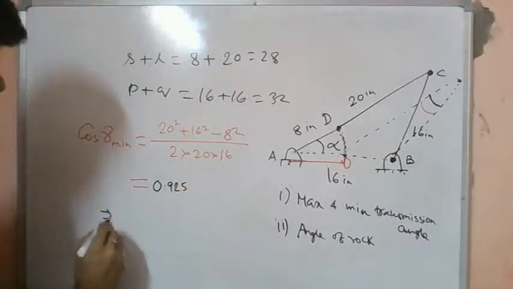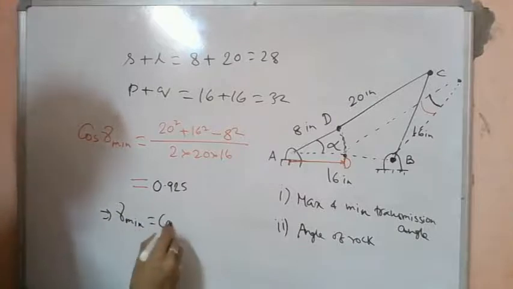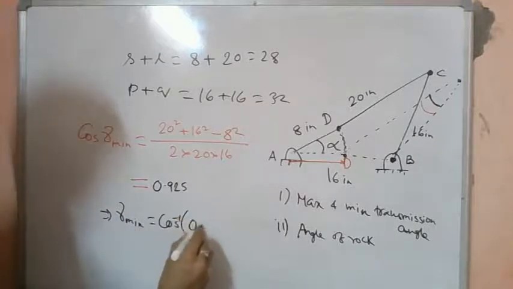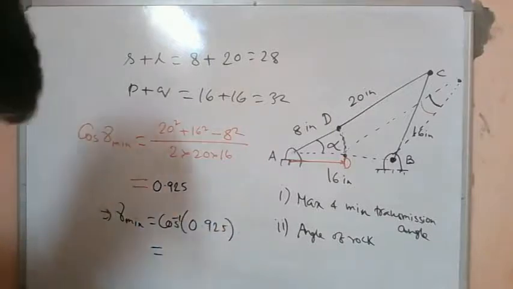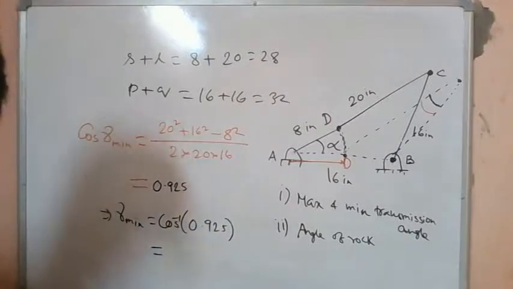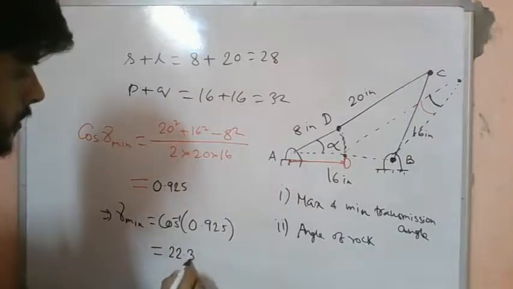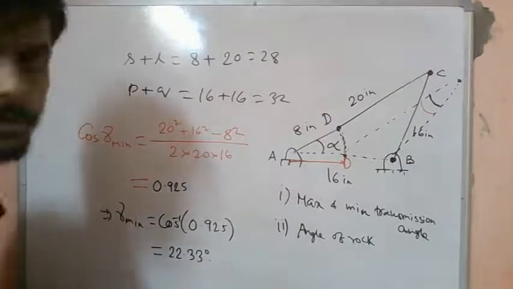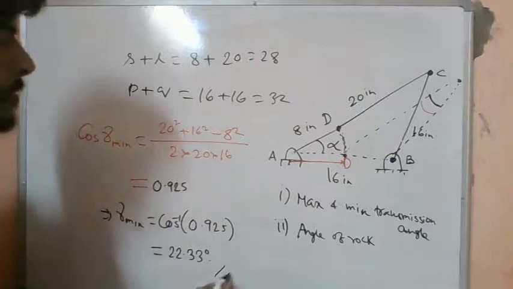From this we get gamma minimum equals cos inverse of 0.925, which equals 22.33 degrees. So this is the minimum transmission angle that we have found out.